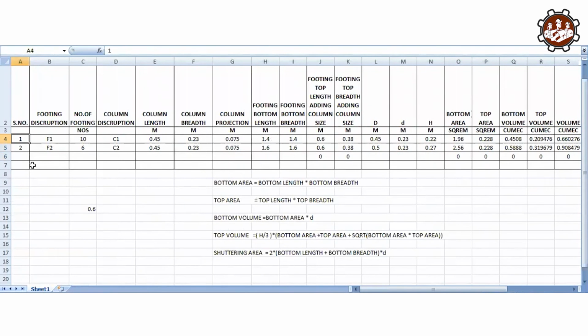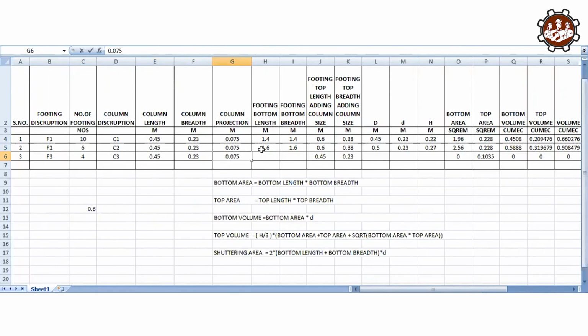Then we have the F3 footing, which has 4 numbers, the C3 column. Column length is the same, 0.45. Column breadth is 0.3, and the projection is also the same, 0.075.